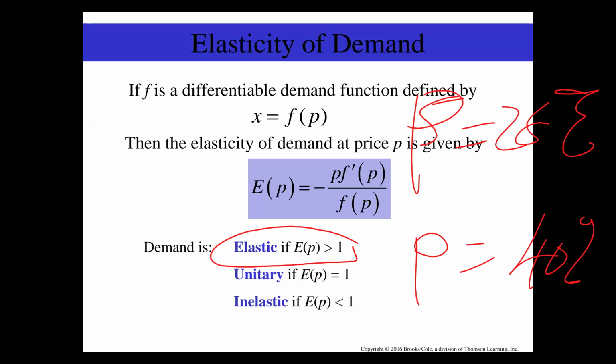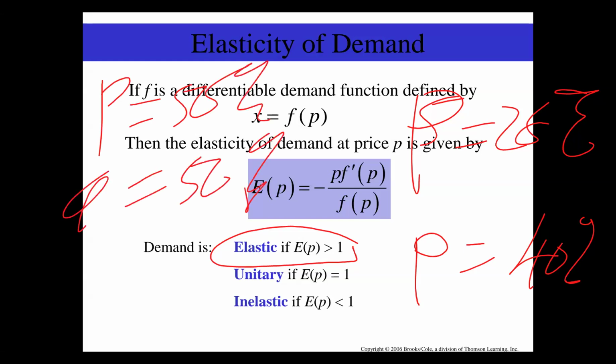But if you say it is unitary, then it means they're equal. That is to say, if price changes by 50%, the quantity will also change by 50%. Now, inelastic is the other way around.